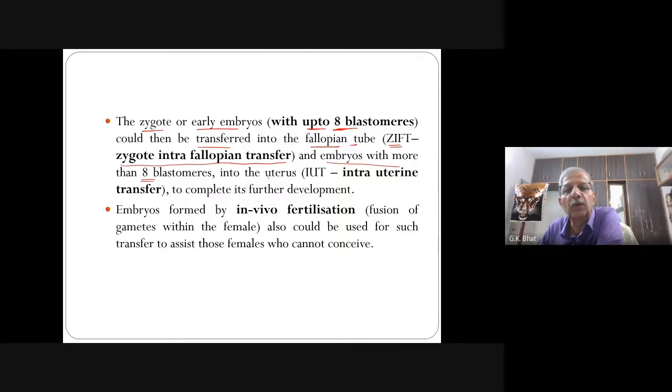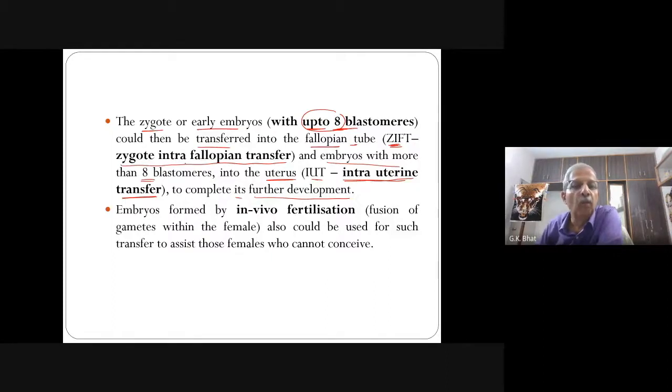What is that? Zygote intra-fallopian transfer, ZIFT. And embryos with more than 8 blastomeres are transferred to the uterus, and this is known as intrauterine transfer, IUT, to complete further development. Understood? You must know, if it is up to 8 blastomeres, it is ZIFT, zygote intra-fallopian transfer.